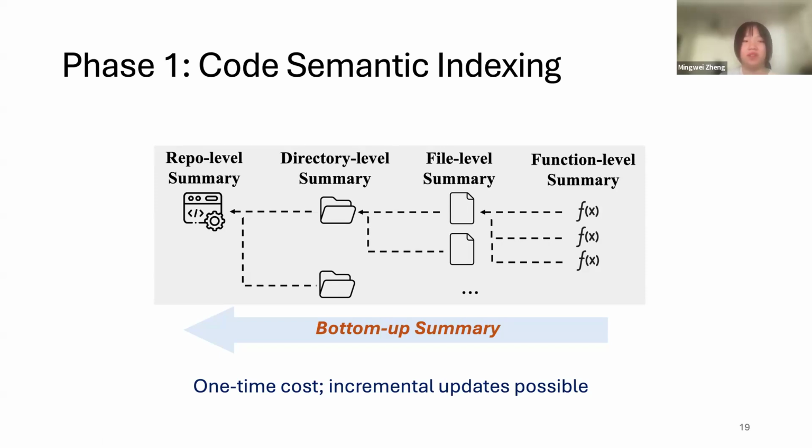However, this semantic indexing only needs to be done once in order to check against different RFC versions. If the code itself is evolving, for example, developers fix some bugs or implement new features, then you can just do incremental updates to these hierarchical summarizations.